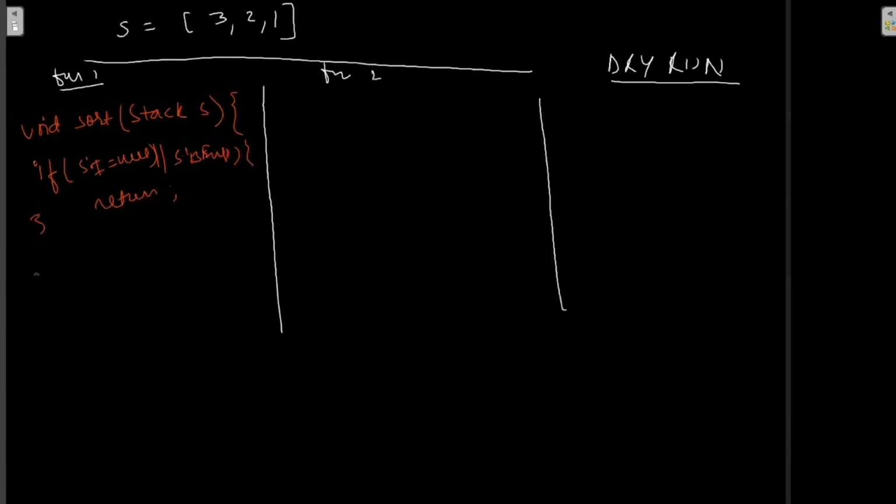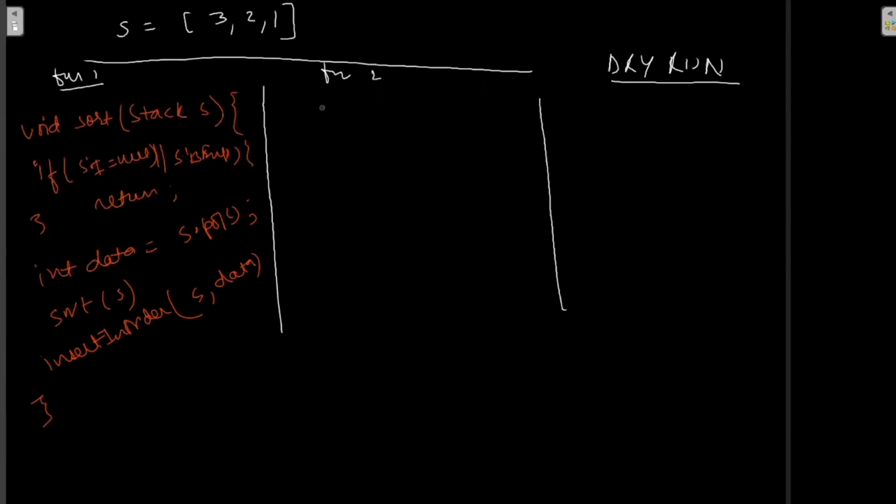And after that, I get data int. Okay, and what I do is that I do sort, and then I call a function insert in order, and I pass s and I pass data. This is my first method. Okay, let me define all the methods and then we'll dry run and see.